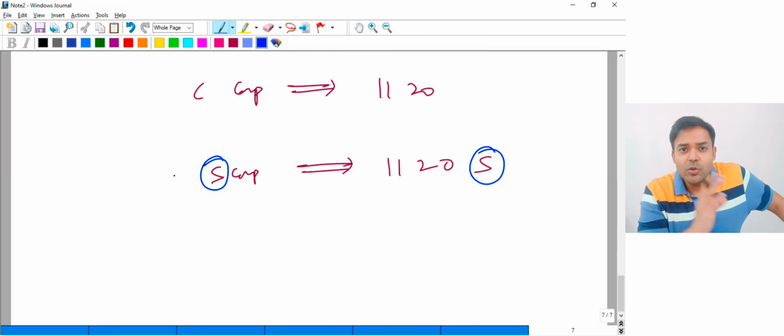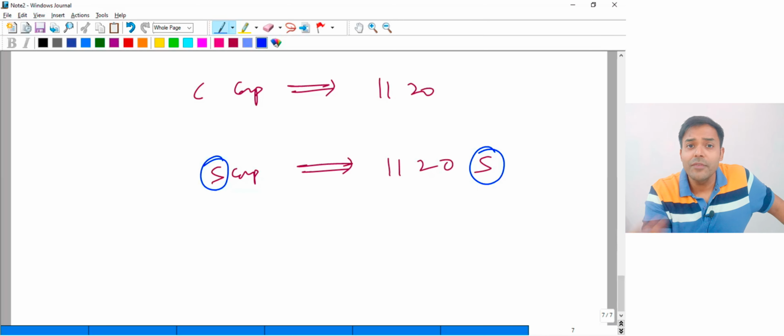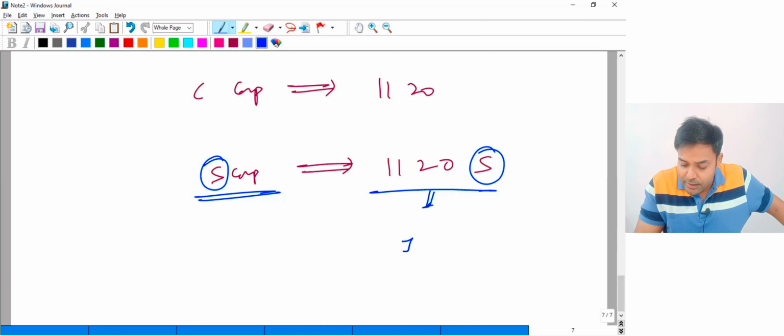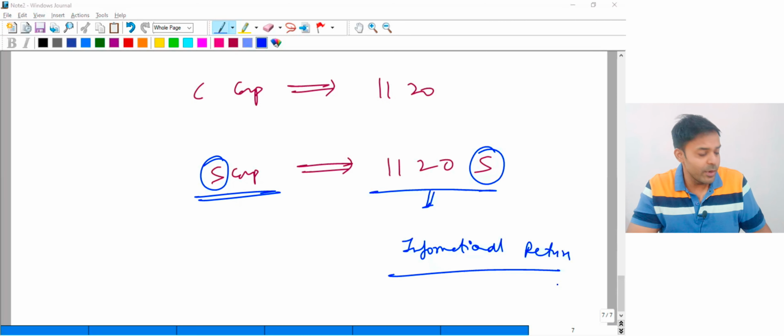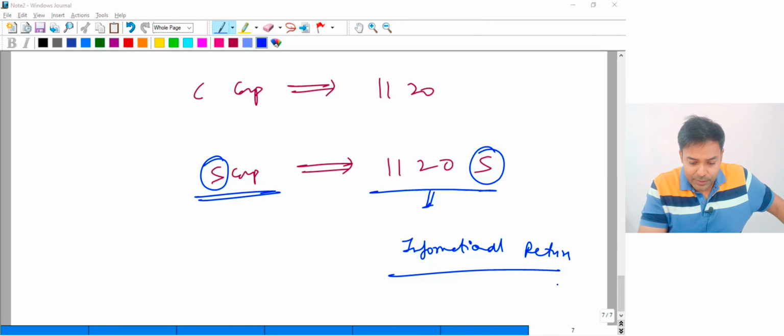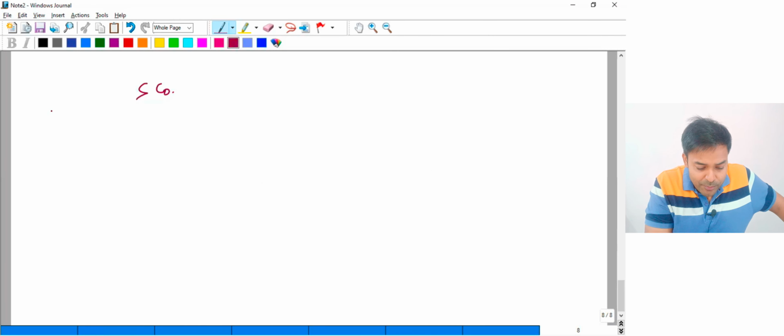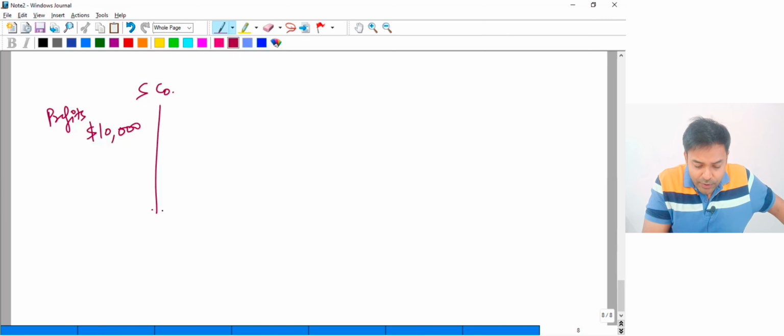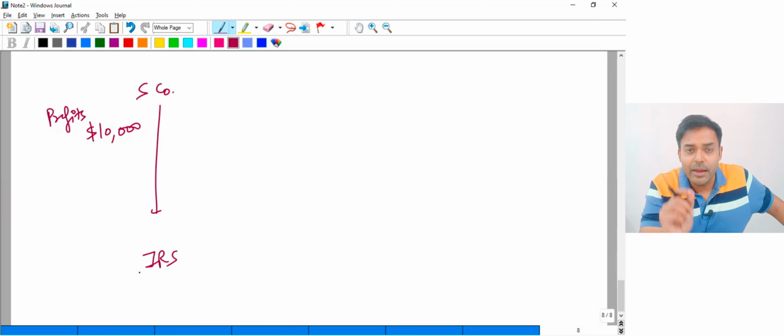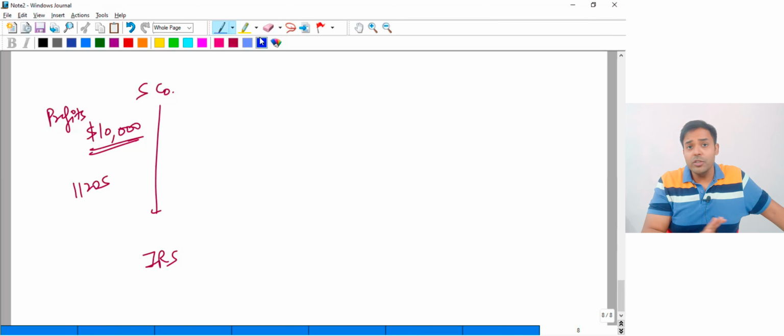But when the S corporation does not have to pay the taxes, then why are we filing the return? This return is basically called the informational return. So basically you are providing the information to the IRS for their purposes only. For example, let's say the S corporation has profits during the year of, let's say, $10,000. It is going to file with the IRS saying that my income under 1120 is $10,000. But the S corporation is not going to pay the taxes.